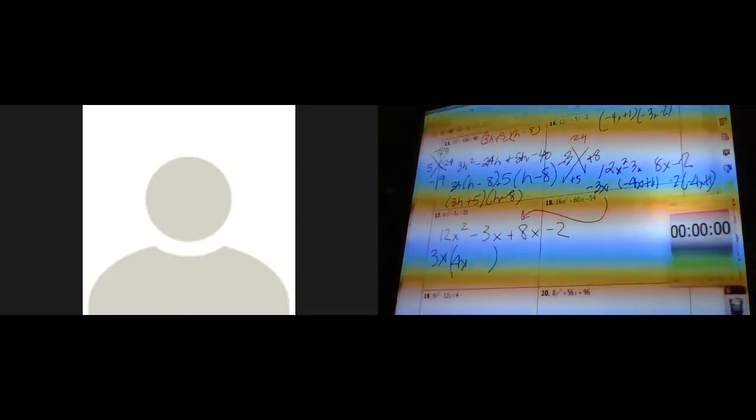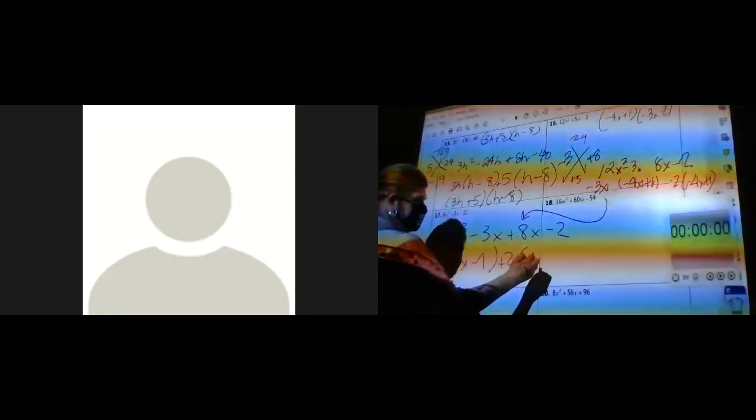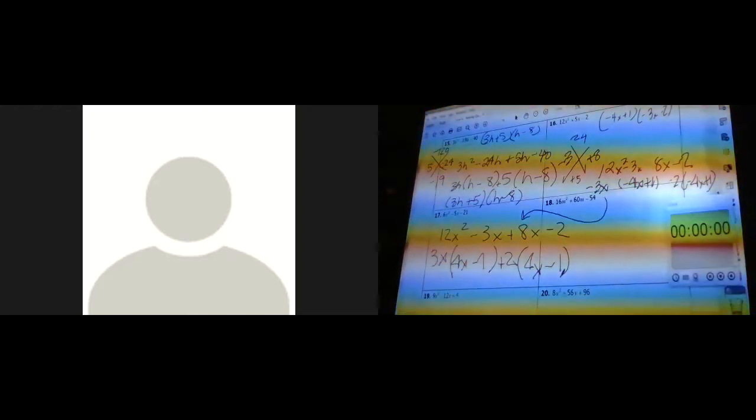And 3x times what equals a negative 3x? Negative 1. And then over here, same thing, factor out a positive 2. And that gives you what? 2 times what equals 8x? 4x. And 2 times what gives you a negative 2? Negative 1. So then you could have 3x plus 2 and negative 4x minus 1.